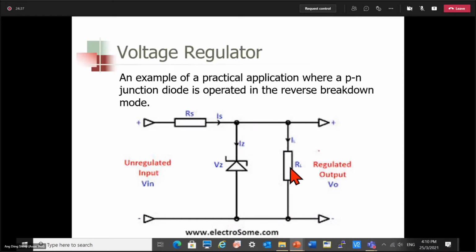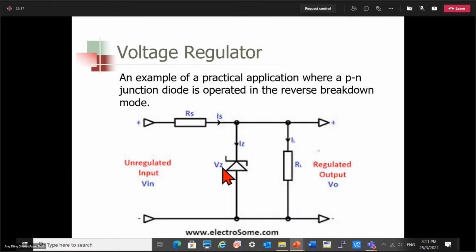The purpose of the voltage regulator is to ensure that the voltage applied across a load is as constant as possible by smoothing out the fluctuation in the incoming voltages. Essentially on the left, you see the unregulated input. The voltage here can fluctuate with time. If we connect the Zener diode in this manner, we can ensure that the voltage that appears across the load will be kept to a very constant value.